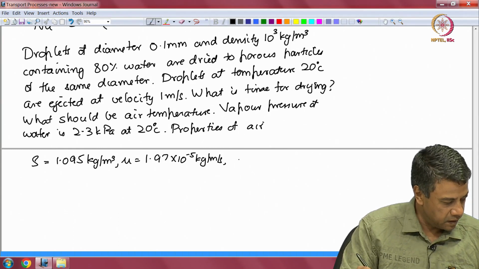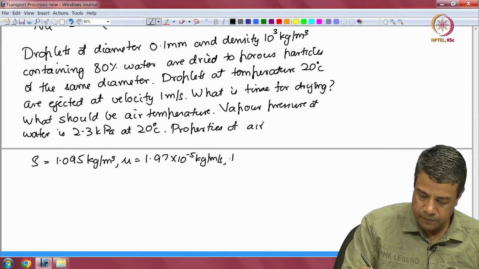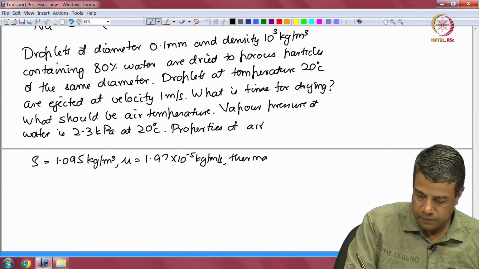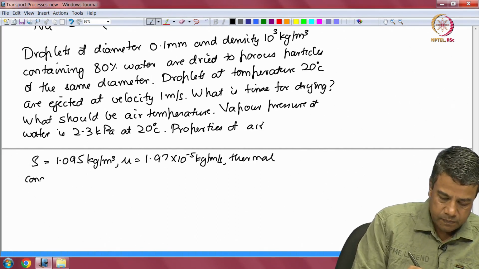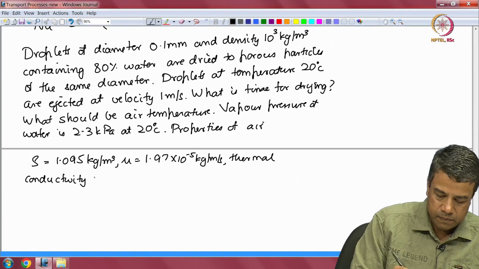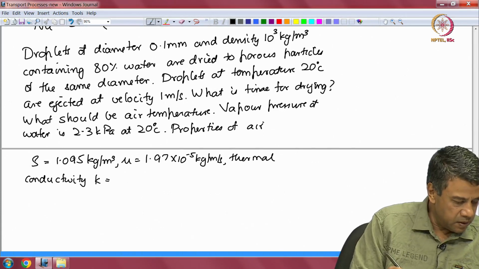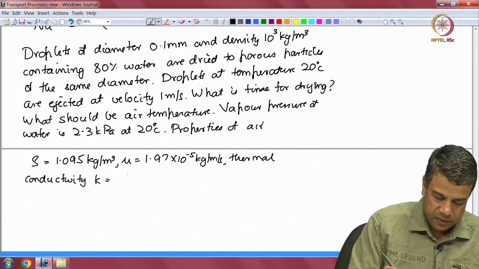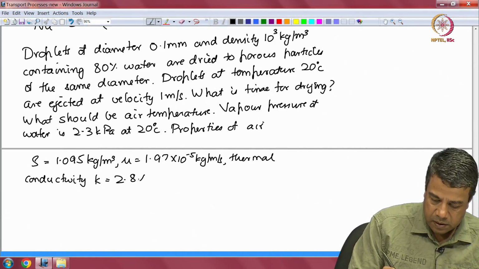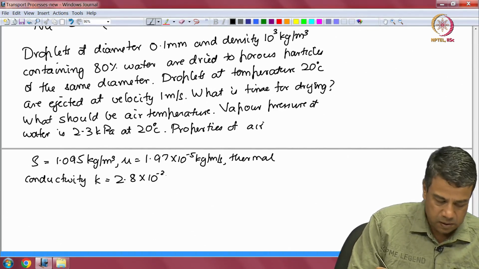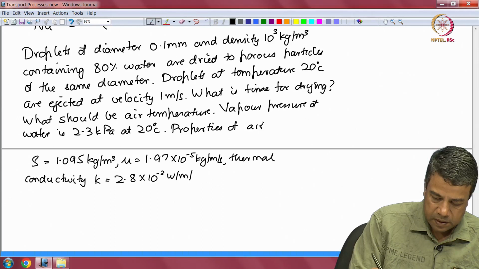Thermal conductivity, k, equals 2.8 into 10 power minus 2 watts per meter per degree centigrade.